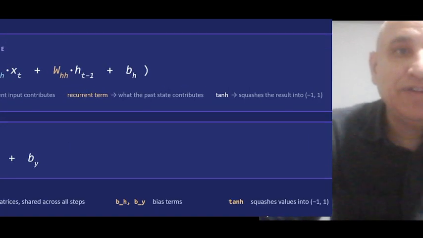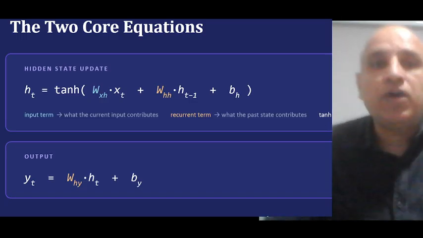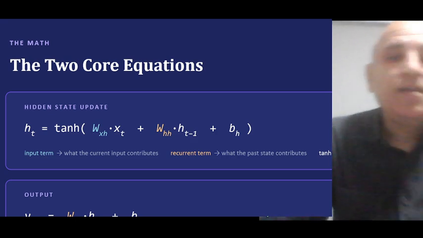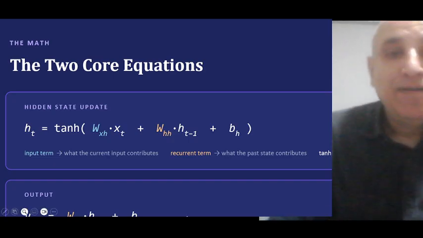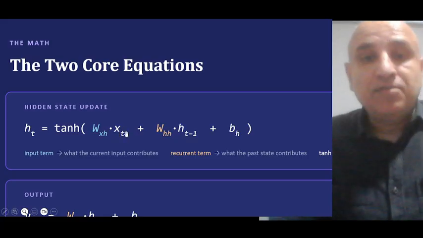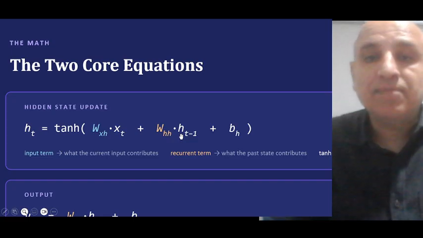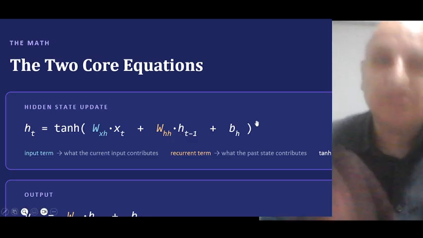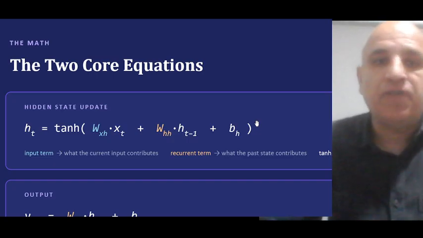So now I'm going to show you the equations. These are the core equations because we were talking about the hidden state and the predicted variable y. So how we find the hidden state: tanh of weight times x, the data point, plus weight times previous hidden state plus bias, right? So this way, for each x value, you can define the hidden state.